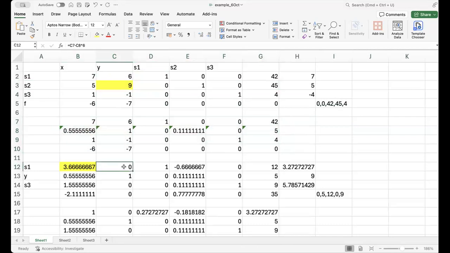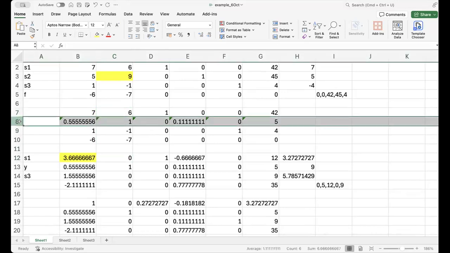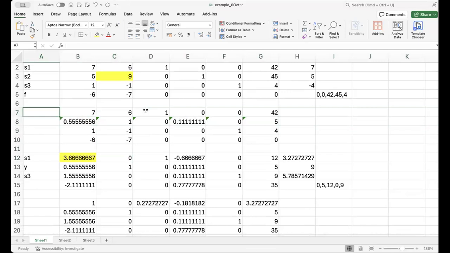And then how to make this element 0? How to do it? From this row, you subtract 6 multiplied by this row. You multiply this row by 6 and subtract it from the first row.